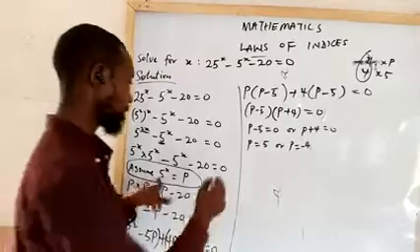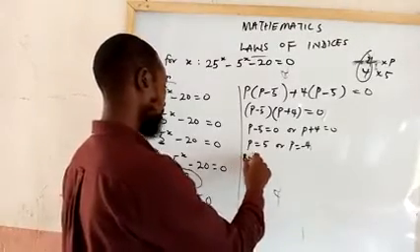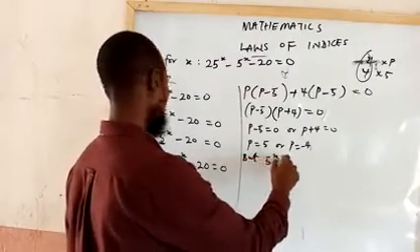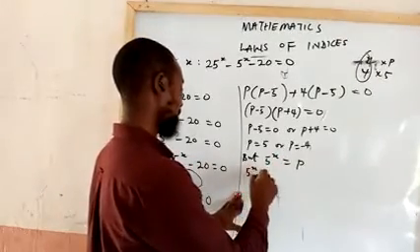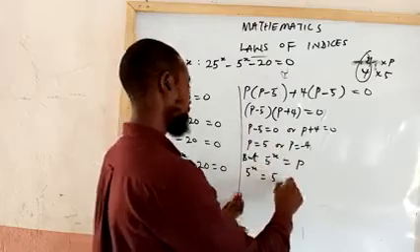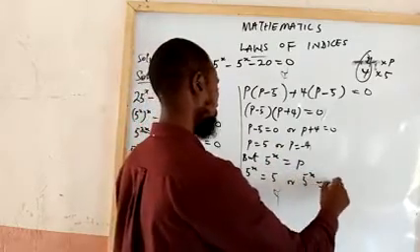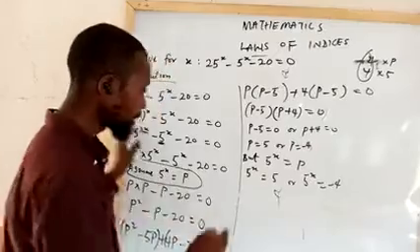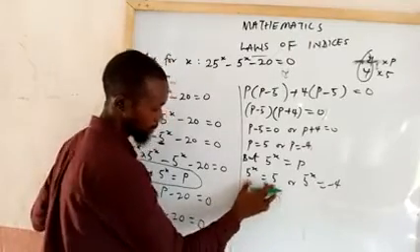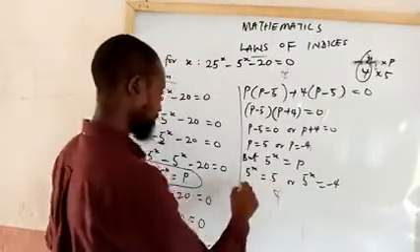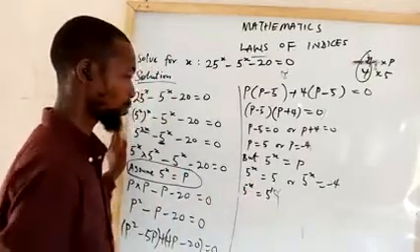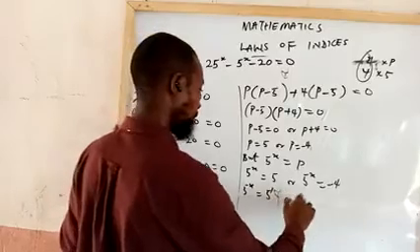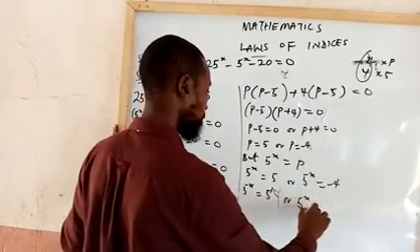We are going to say that 5 raised to the power x is equal to P. Which means 5 raised to the power x is equal to 5, or 5 raised to the power x is equal to -4. When we look at this, it has a place in indices. So 5 raised to the power x can also be written as 5 raised to the power 1.